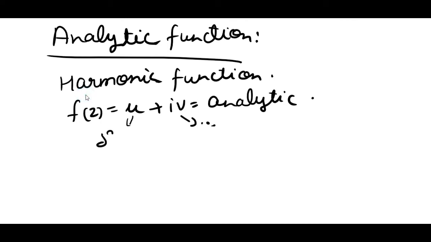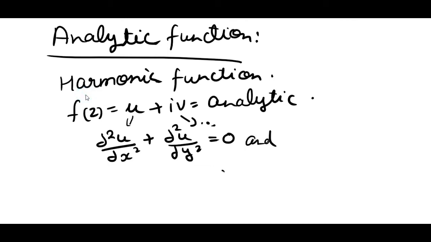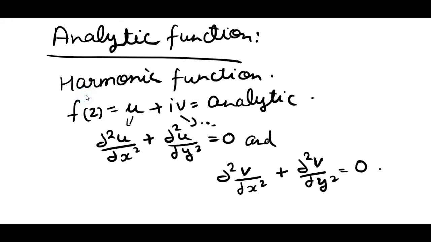So we'll get del 2u by del x squared plus del 2u by del y squared is equal to 0, and similarly double partial differentiation of v with respect to x plus that with respect to y, again this will be 0.